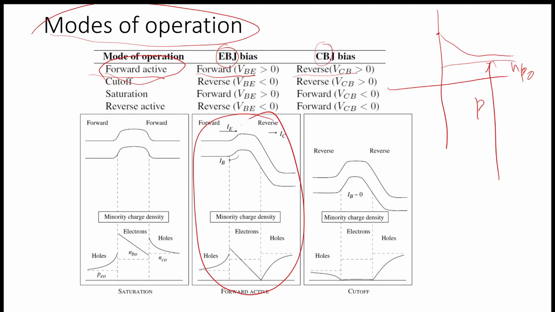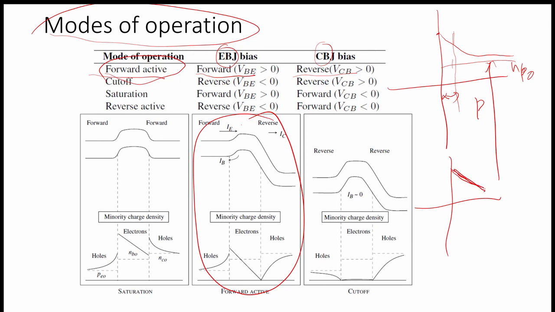But for the short base region, if the region is not sufficient, if the region is ending only here, so this is the base region, the electron decay will be linear.